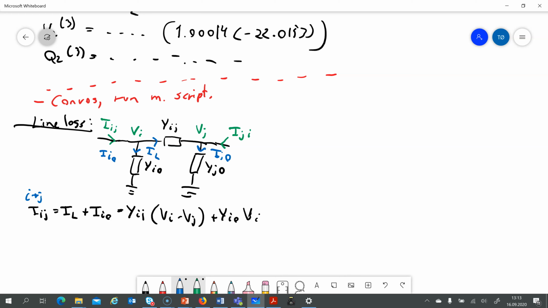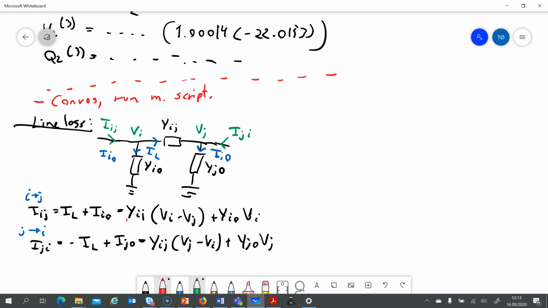And from J to I, opposite, we can write current Iji equals minus IL, line current, plus Ij0 from the right hand side, equals the admittance Yij times (Vj minus Vi) plus Yj0 times Vj.